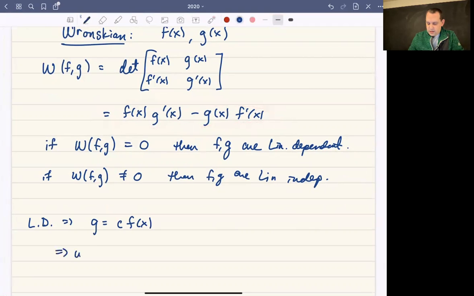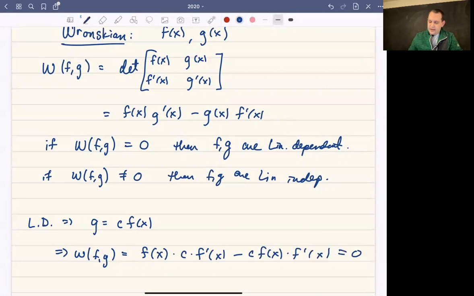The Wronskian of f and g is just going to be f times g prime, which would be c times f prime, minus g, which is c times f, times f prime, which is identically equal to 0. That's what happens when two functions are linearly dependent and one's a multiple of the other, so the Wronskian is identically equal to 0 for all x.